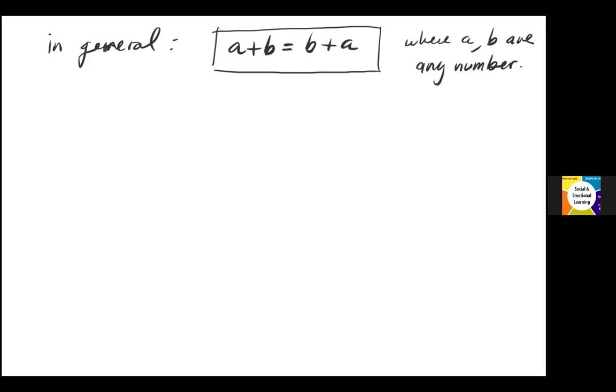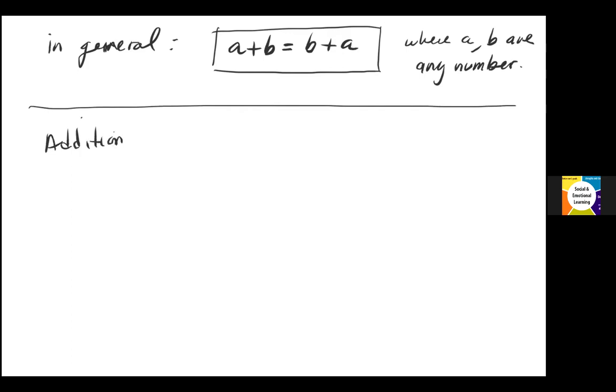So the second principle I wanted to talk about today after commutativity is associativity. So just write that out. Addition is also associative.